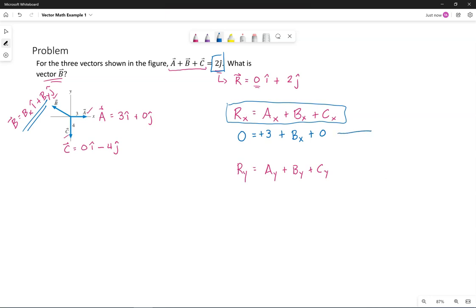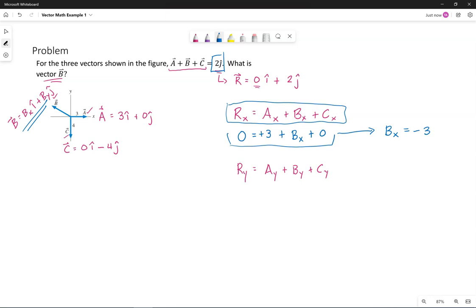But again, just for explanation's sake, I'm doing this. So this now is an equation that we can solve for B sub x. If we take the 3 to the other side, we find that vector B needs to have a component of negative 3. The negative means it needs to point to the left, and then it needs to have a length of 3 in order for us to get this result the problem asks for.